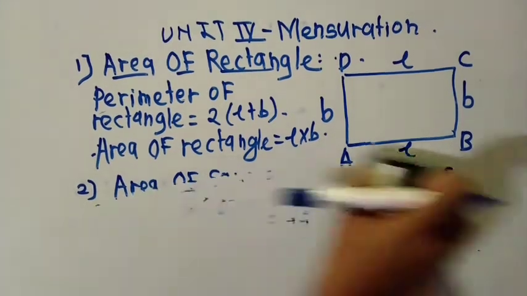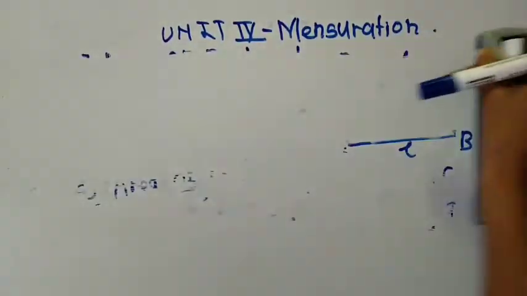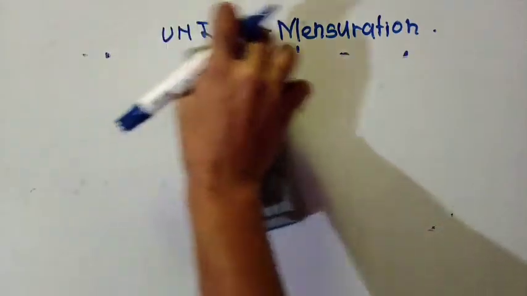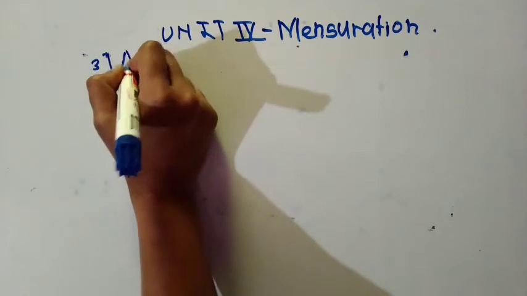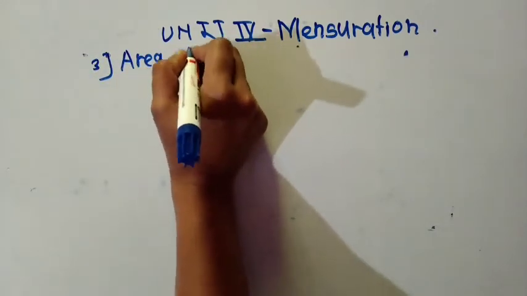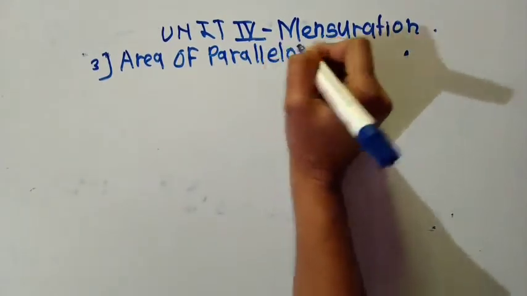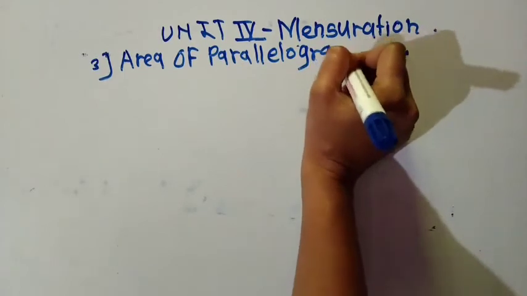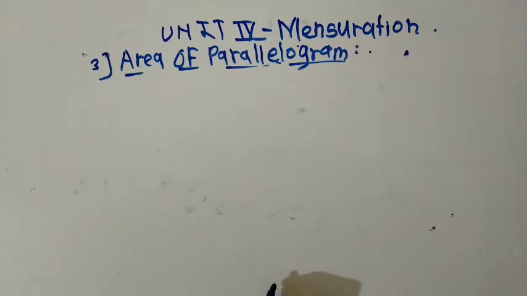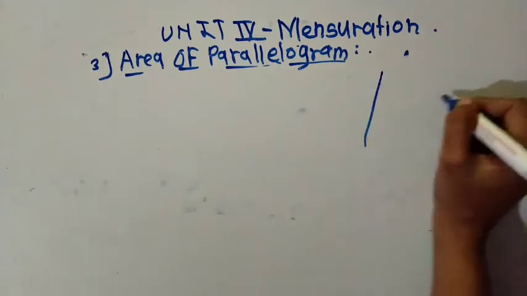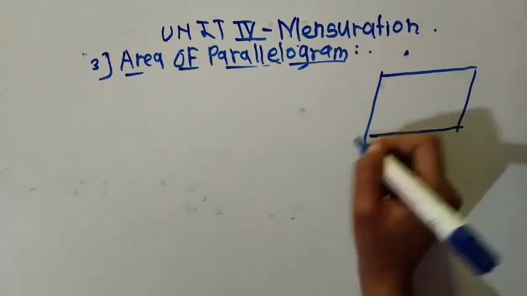Then third is area of parallelogram. Opposite sides are parallel, it's called parallelogram.